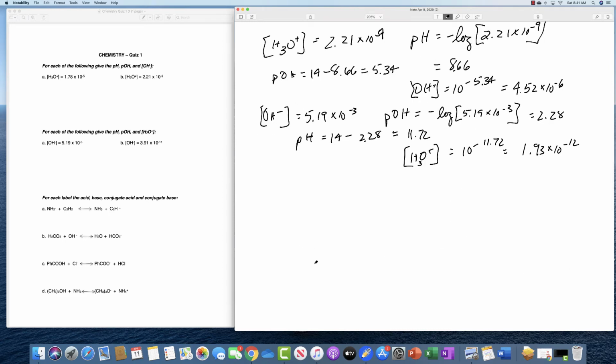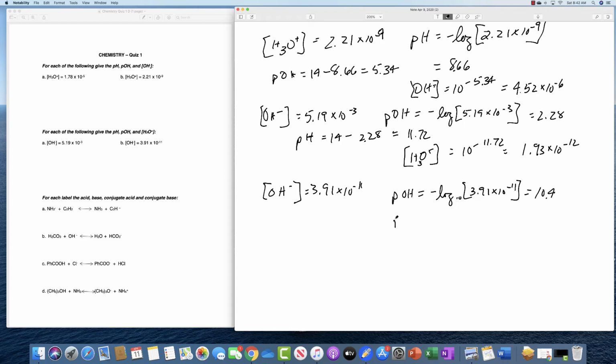The last one here, the hydroxide ion concentration is 3.91 times 10 to the minus 11. So the pOH is equal to the negative log to the base 10, just to make sure you don't forget that, of 3.91 times 10 to the minus 11, which is going to equal 10.4.